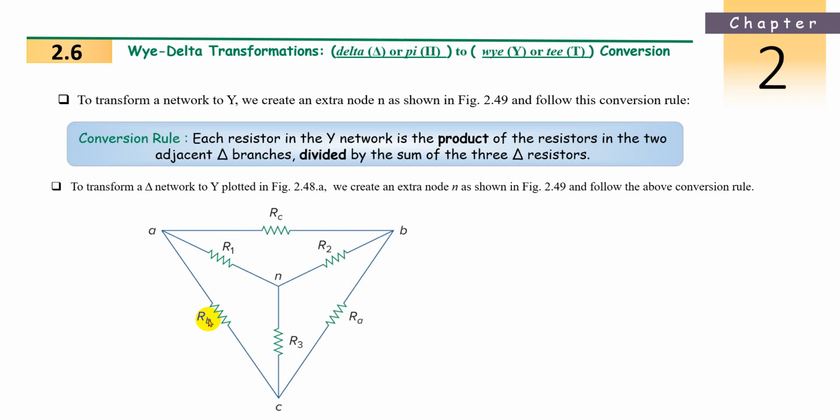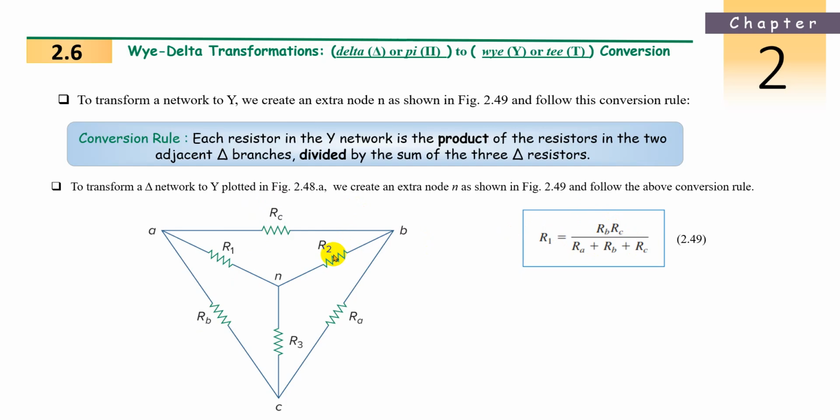So multiply RB and RC divided by the sum RA plus RB plus RC. R1 is nothing but RB times RC divided by RA plus RB plus RC.